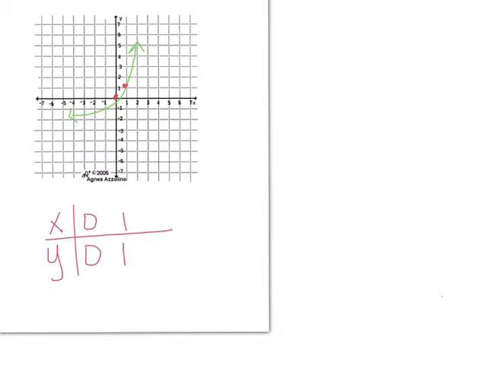So let's go ahead and use this information and see if we can write our function rule based on just these 2 points. We know that we're dealing with a curve, so we'll start there. y equals b to the x plus c. And we'll use this first point, when x is 0, y is 0.